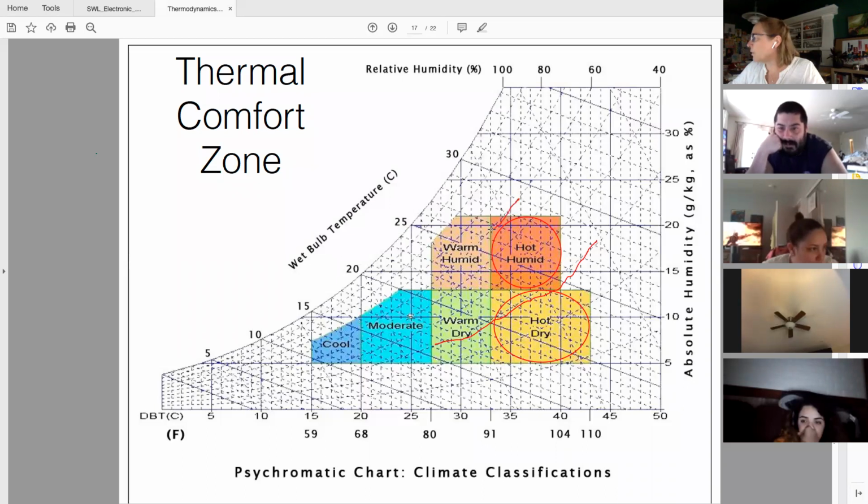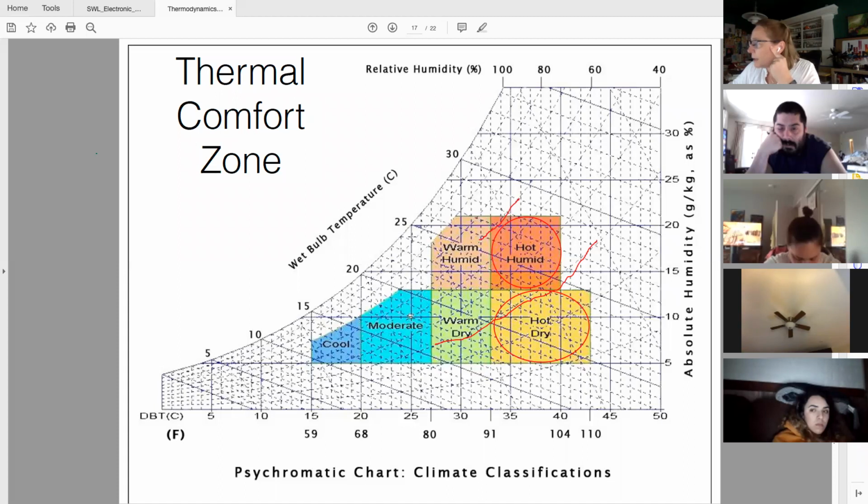This is 60 percent relative humidity. If it's really hot, between 90 and 105, as long as you stay less than 60% relative humidity, it'll feel hot and somewhat humid. But if you start to go up in humidity, it's going to start to get uncomfortable.